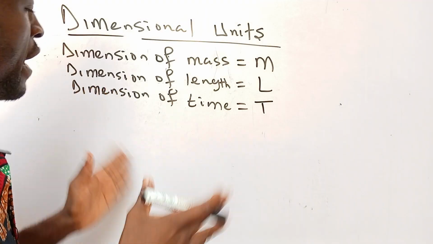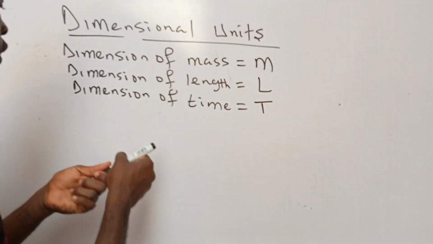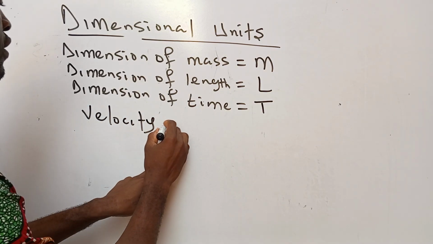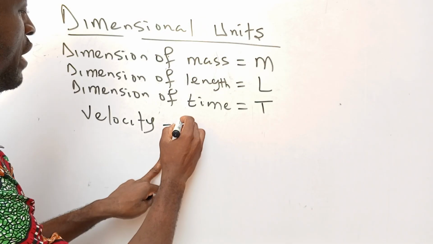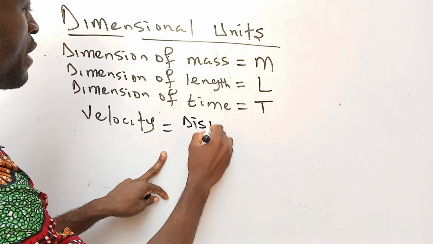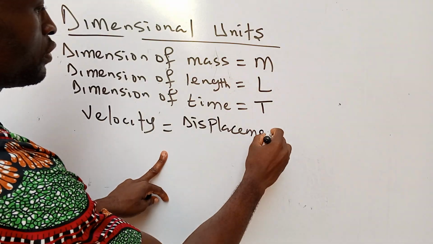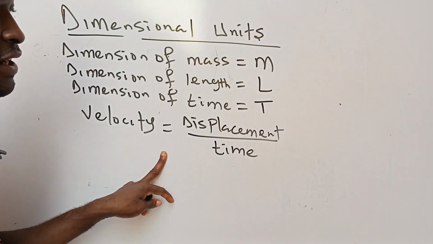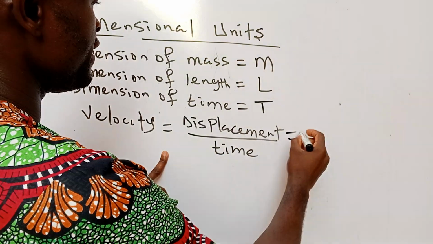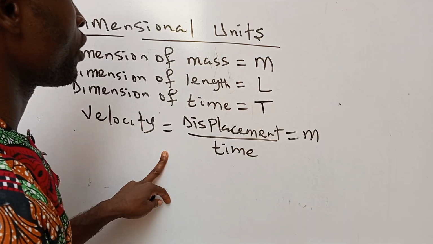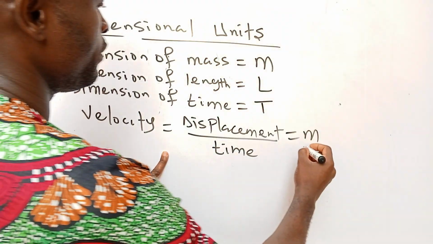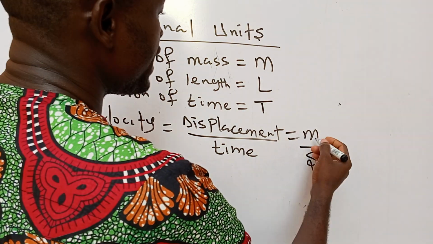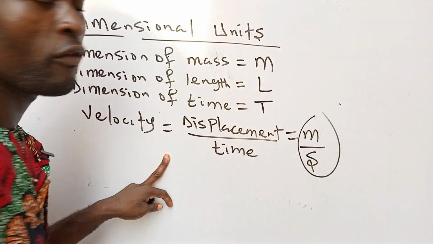So, for example, if we look at velocity, velocity is displacement divided by time. The unit of displacement is meter, and the unit of time is seconds. So this is the derived unit of velocity.